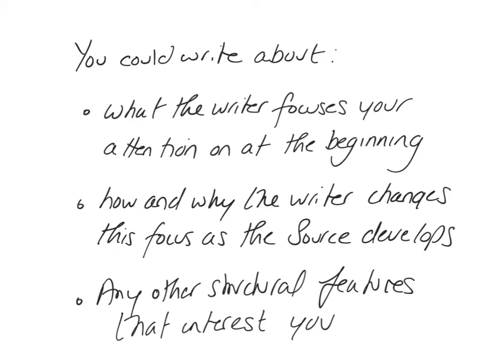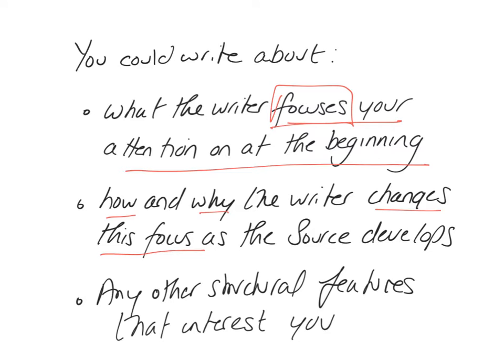You then get some bullet points, and these will be the same each time. So it suggests you could write about what the writer focuses your attention on at the beginning, the key thing being focus, how and why the writer changes this focus as the source develops, and then any other structural features that the writer uses.